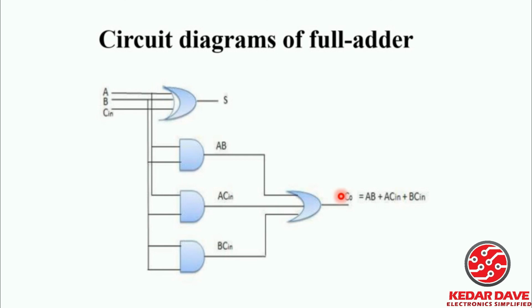So at CO, that is our carry out, it will give these values, right? AB plus A Cin plus B Cin, and the sum will be over here. So this way a complete full adder can be formed, and from this idea all of you are getting how a full adder and half adder circuit will perform.